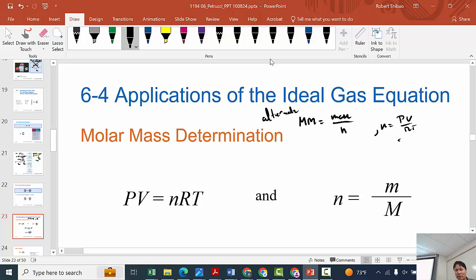So I'll substitute it. So I'll get the molar mass is equal to the mass over PV over RT, which is equal to the mass times RT over PV.